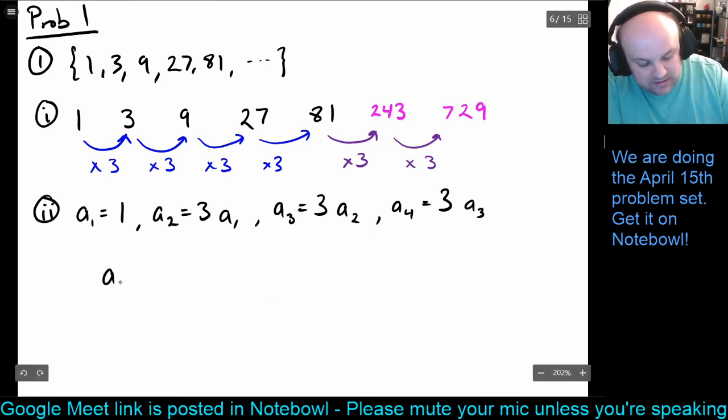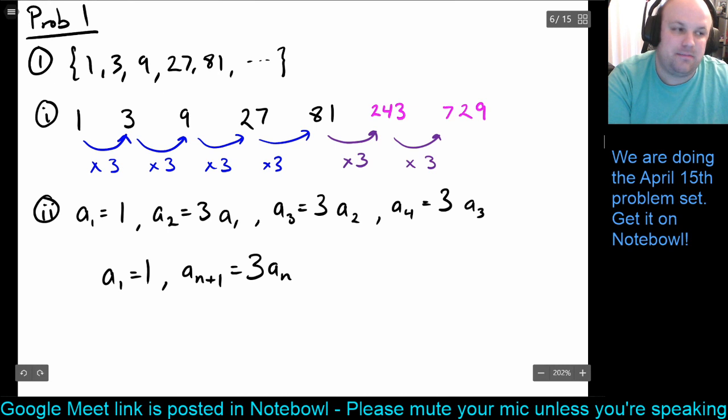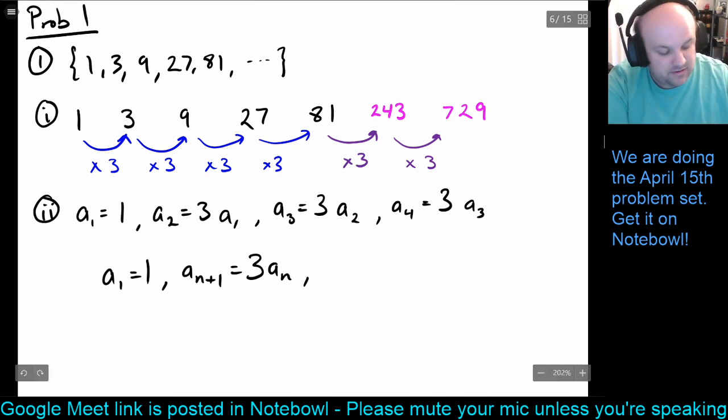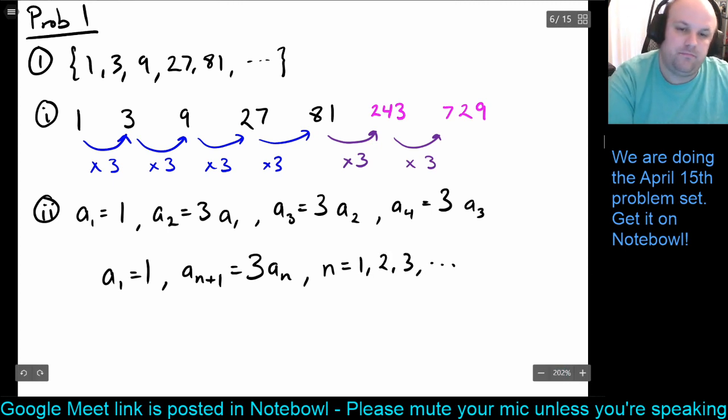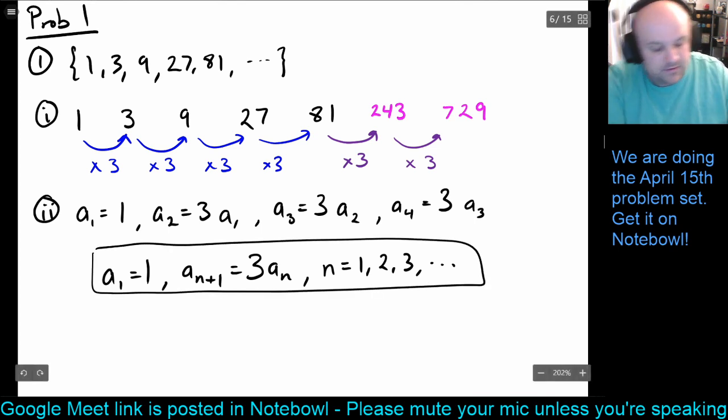The trend is, we have our seed value, and then a_(n+1) is always 3 times a_n. That's our recurrence relation. And then we need to specify for this recurrence relation what n value I can start with. And here it's 1. So this would be a good answer.